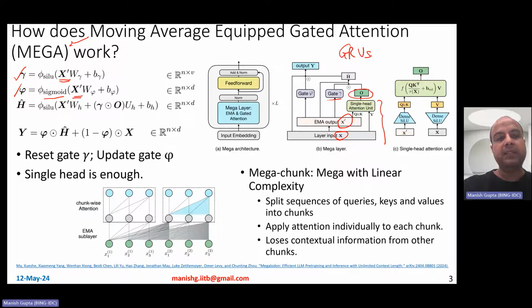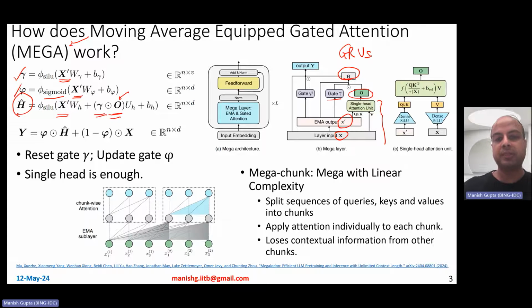And then they finally compute the hidden layer output H dash as a combination of the original X dash, the reset gate, and the attended input, so to say, right?